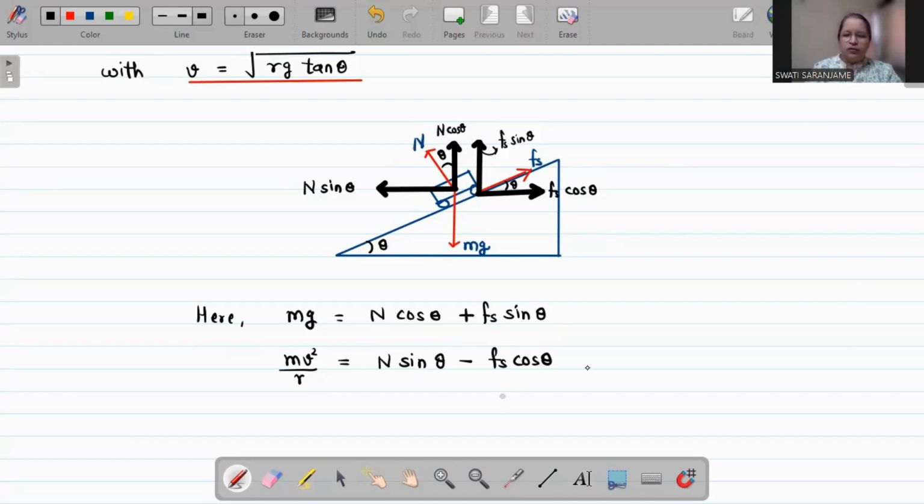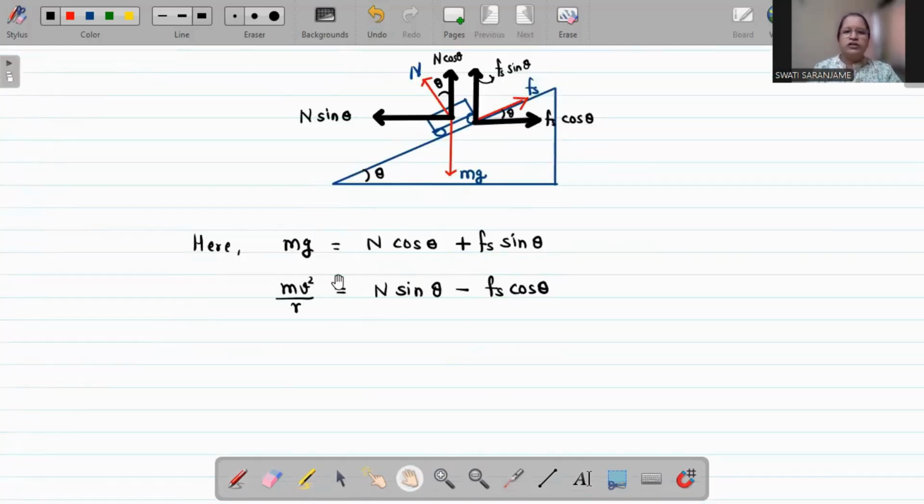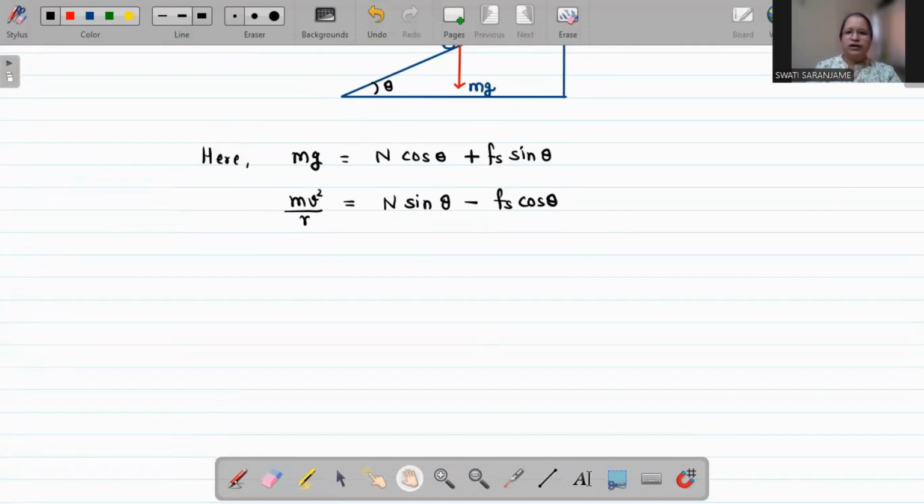Now we want to solve these two equations for v. We want to find the expression for v, the minimum speed with which the vehicle can be driven on this banked road without sliding down the incline. For this, let us label these equations: this is equation 1 and this is equation 2.